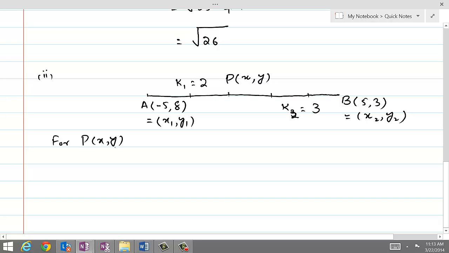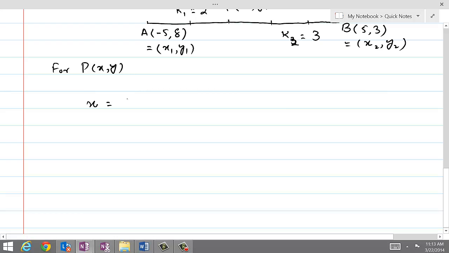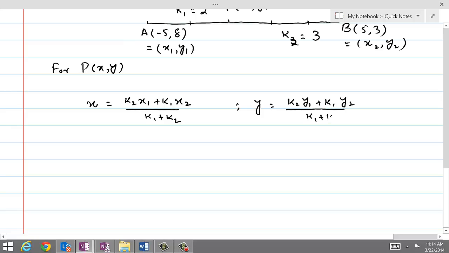Now we can find x and y for P. We know that x is equal to K2 x1 plus K1 x2 divided by K1 plus K2, and similarly for y, this is equal to K2 y1 plus K1 y2 over K1 plus K2. Now we are going to substitute the values.